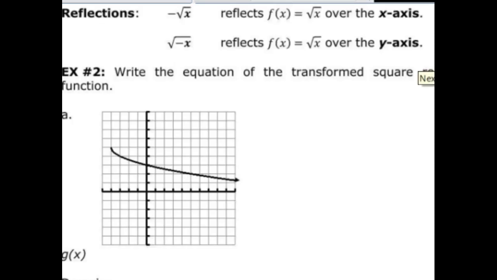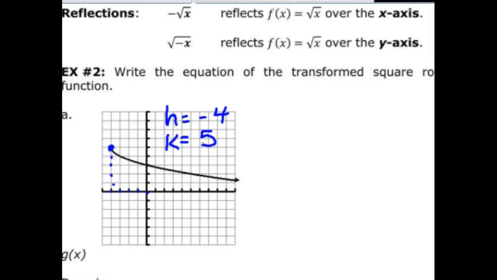Compared to the parent graph, what happened to this one? Well, the parent graph starts here, and this one starts here, 1, 2, 3, 4. 1, 2, 3, 4, 5. But what else do you notice? You notice it's upside down?